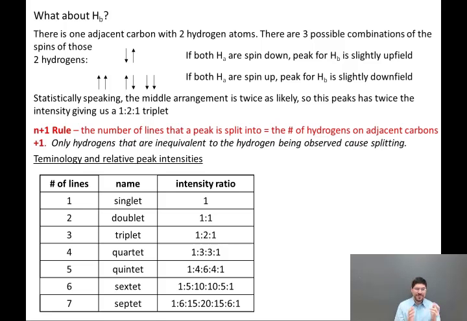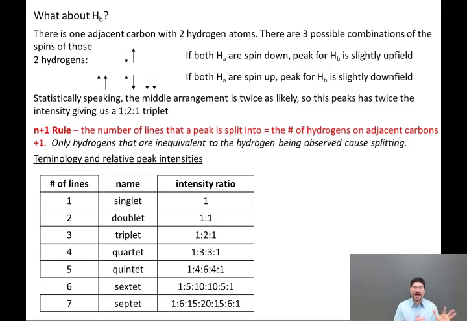If you have 3 lines due to 2 hydrogens on the adjacent carbons, then we call it a triplet, and as we saw, the intensity ratio is 1 to 2 to 1. 4 lines due to 3 hydrogens on the adjacent carbons, we call it a quartet, and as we saw in the last slide, the ratio is 1 to 3 to 3 to 1.